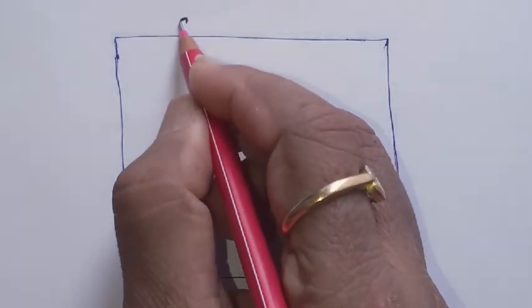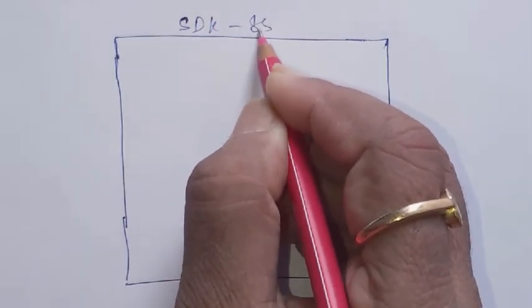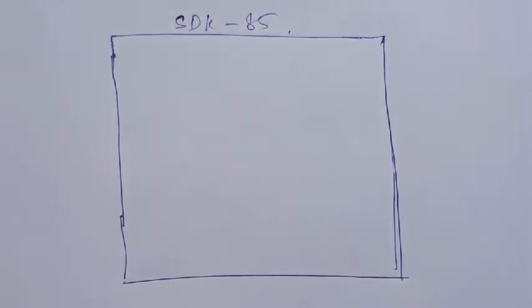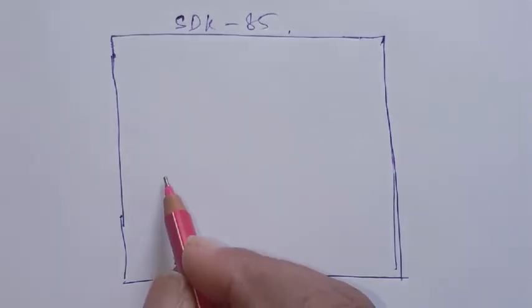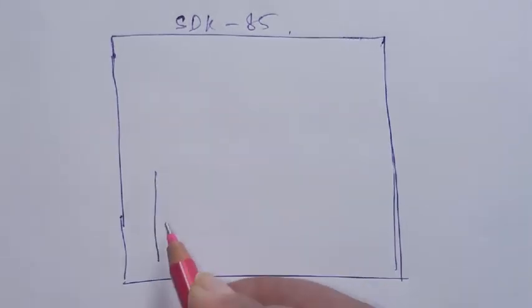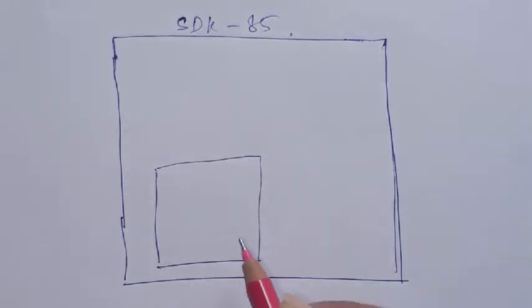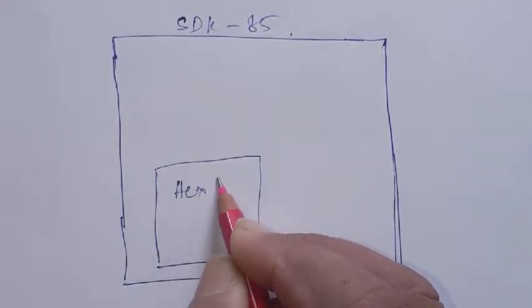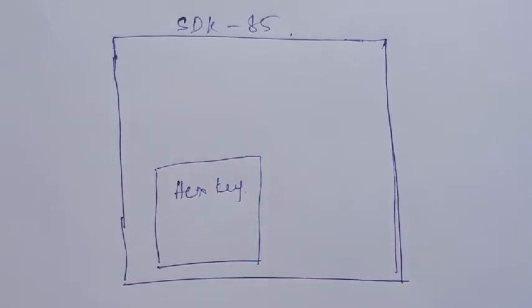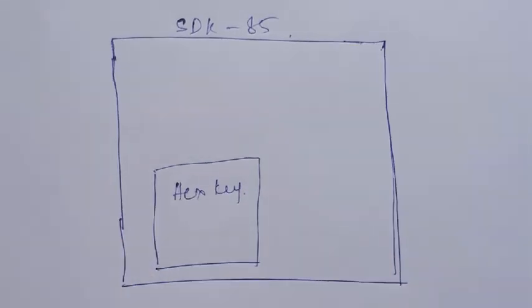Usually the SDK 85 system will be used. In this system there will be a hexadecimal keyboard, hex keys, because you will be entering these codes in hexadecimal.